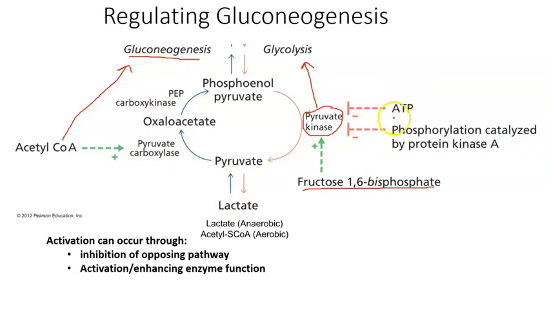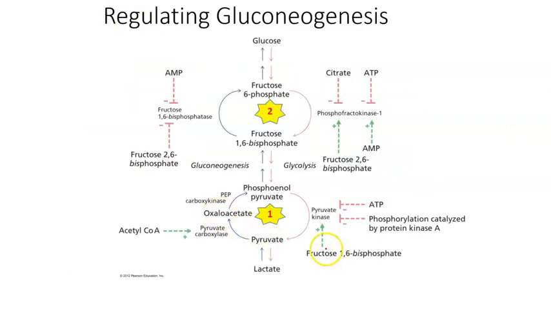Now, if we look at these inhibitors, ATP and phosphorylation, let's start at ATP. If we zoom back out to this earlier diagram, you can see fructose 1,6-bisphosphate is up here, right after this irreversible step.